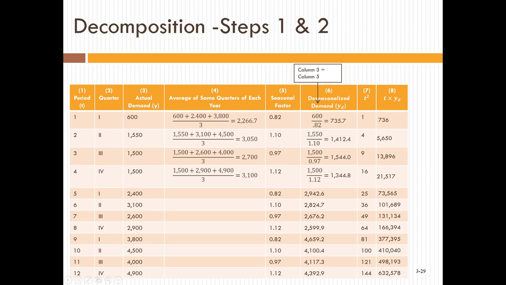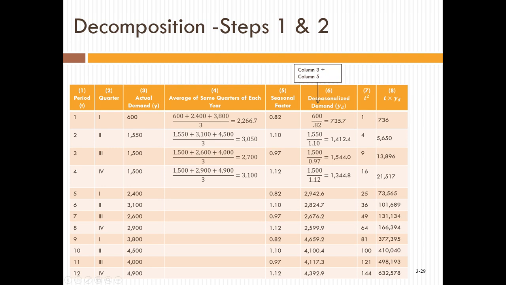We identify our seasonal component as follows. For quarter 1, we take the demand from each quarter 1: 600, 2400, and 3800, and divide by 3. That gives us 2266.7, the average of the same quarter across the years.